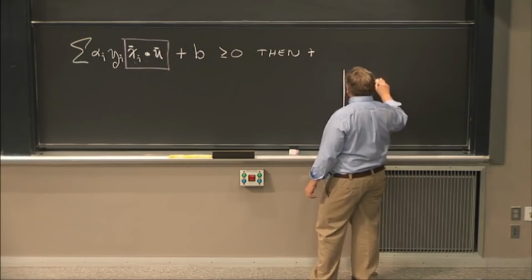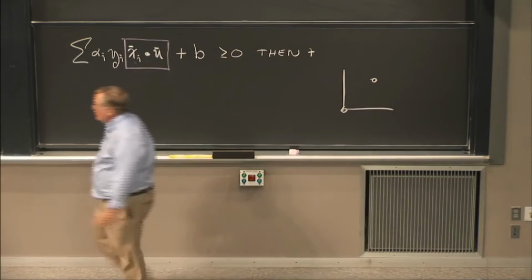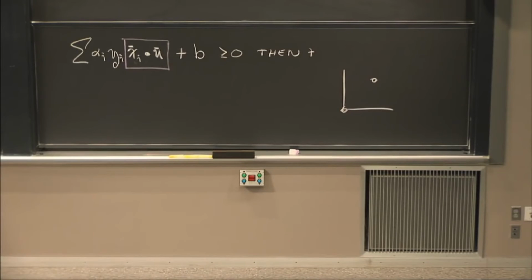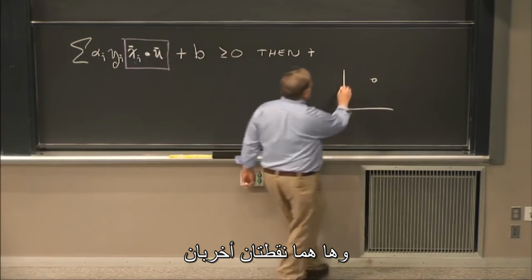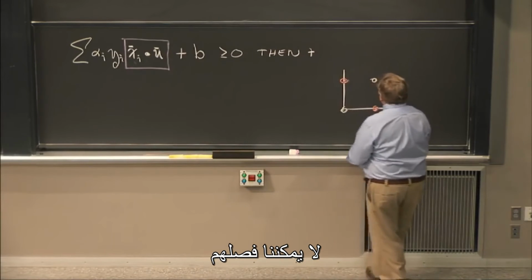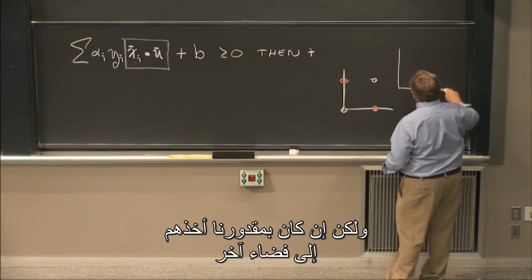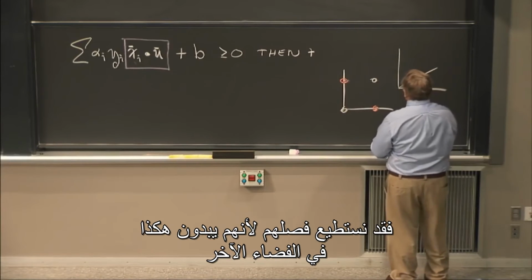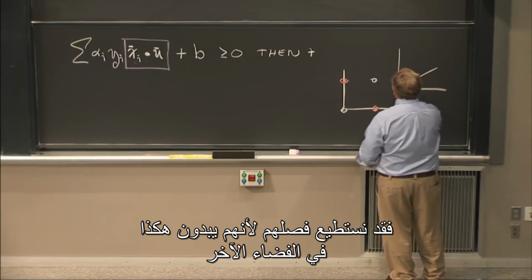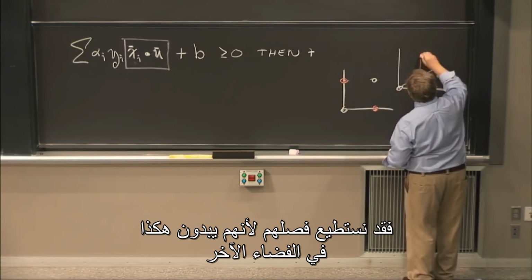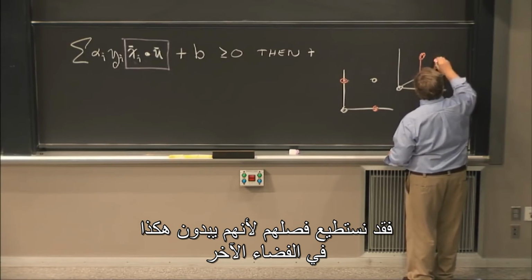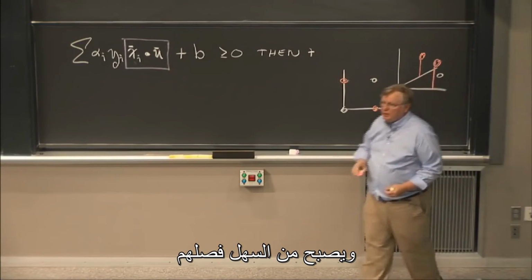Here are 2 points. Here are 2 other points. We can't separate them, but if we could somehow get them into another space, maybe we can separate them because they look like this. In the other space, they're easy to separate.